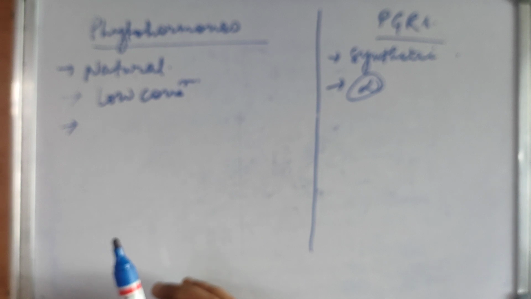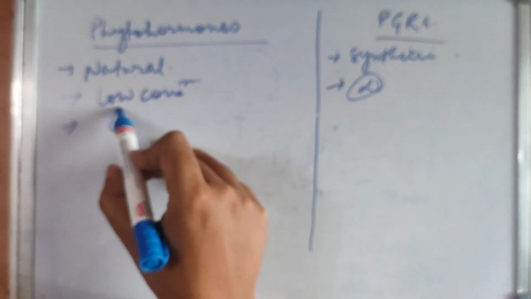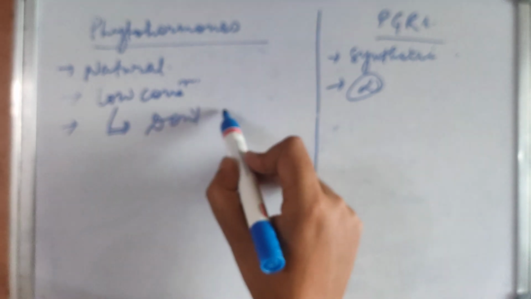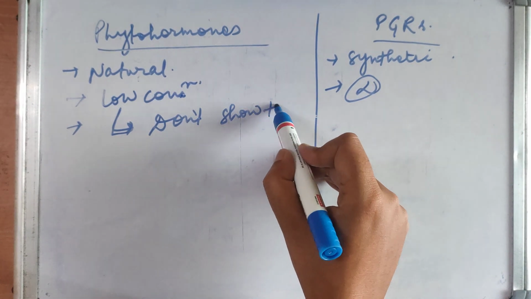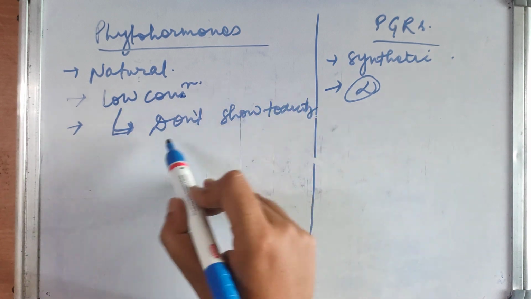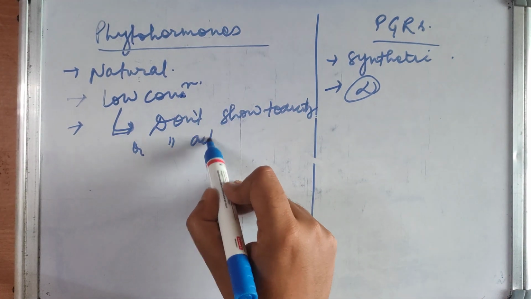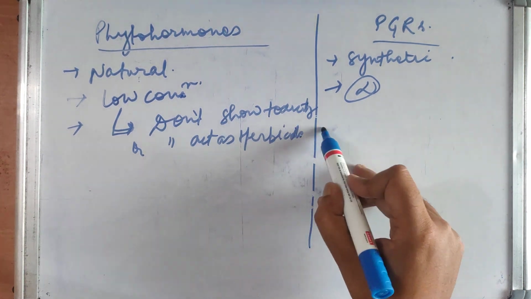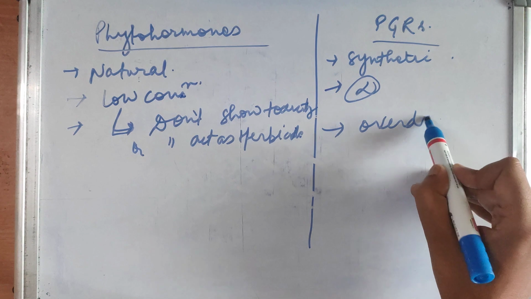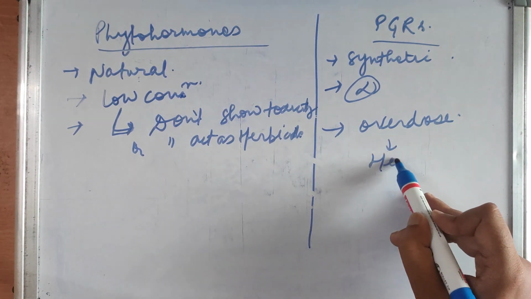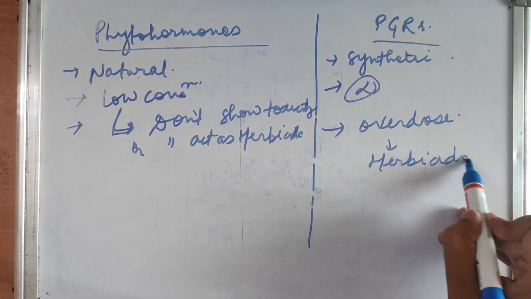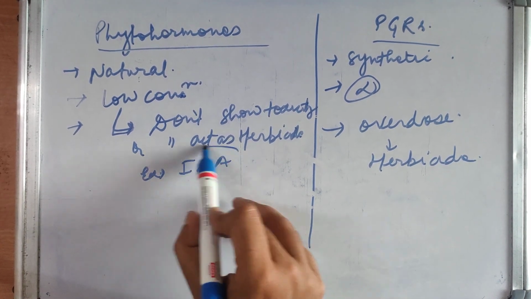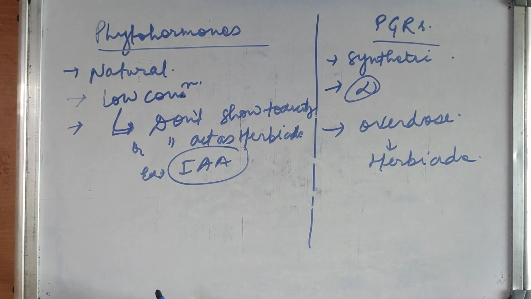Phytohormones are maintained in low concentration so that they don't show toxicity or act as herbicide. Their overdose acts as herbicide. Here you can give the example of IAA: if IAA is given in high amount, it acts as a herbicide.